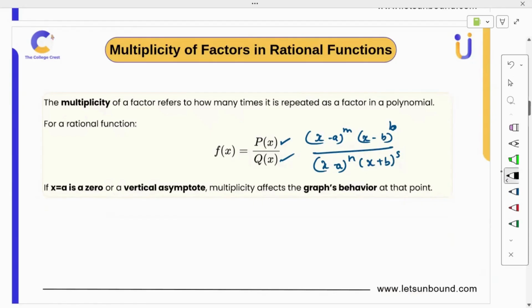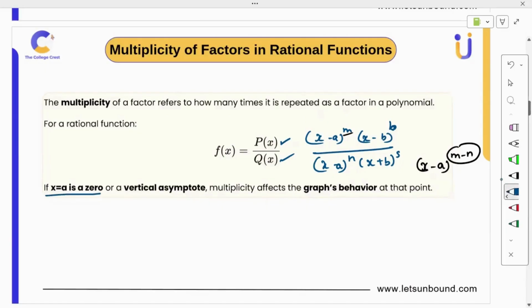When you find a hole, you will say this gets cancelled and we get (x minus a) to the power m minus n, the resulting factor. This is the multiplicity. We call it the net multiplicity. If you find it in both the numerator and denominator, just subtract them and find the net multiplicity.